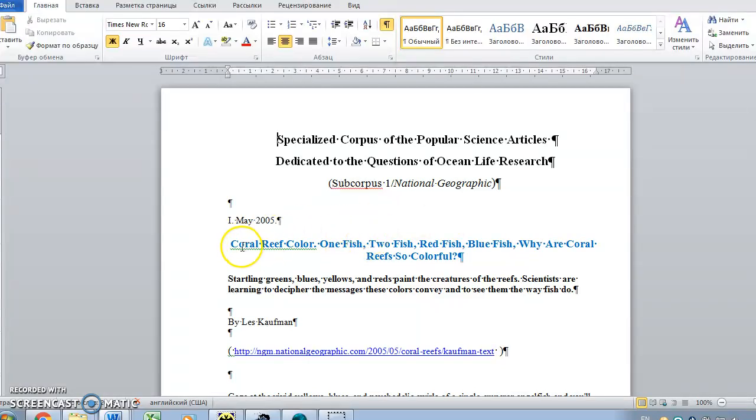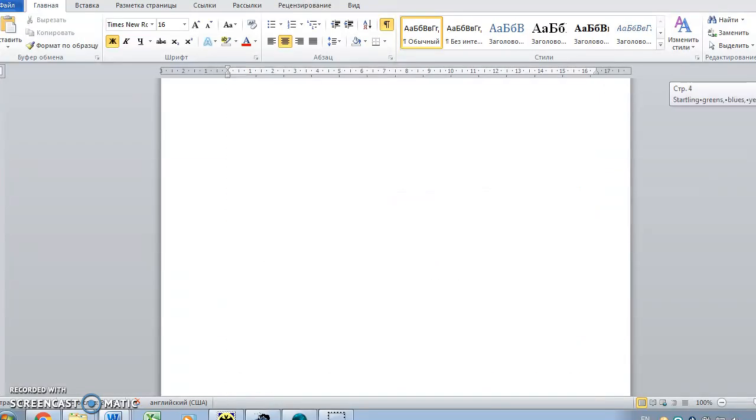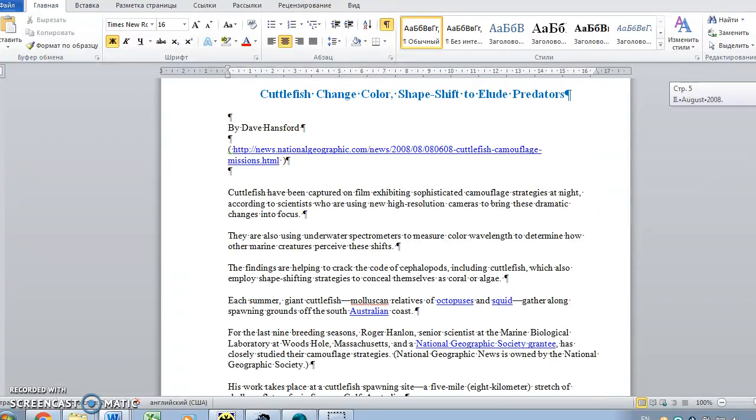And I use some coloring to differentiate such things as the titles of these articles and some words which precede the main text, and also put each article on a separate page so that it is easier to navigate within these subcorpora.